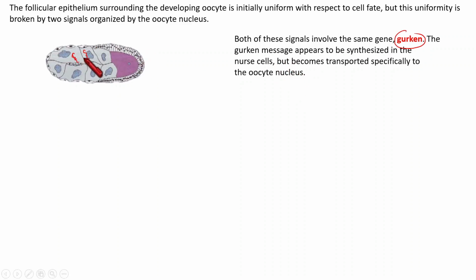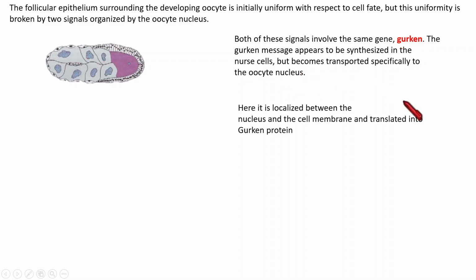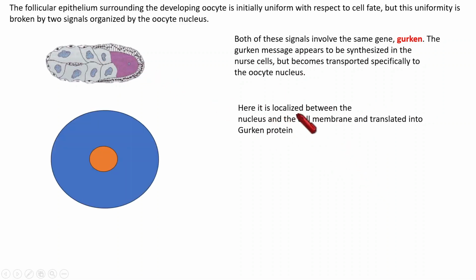After it is synthesized there, it is transported to the oocyte. After it reaches the oocyte, it is localized between the nucleus of the oocyte and its cell membrane.